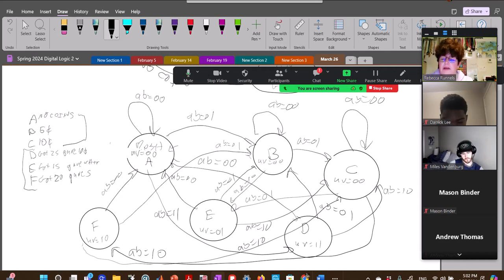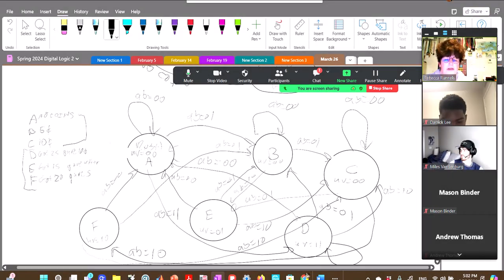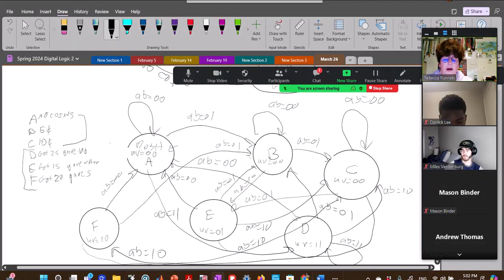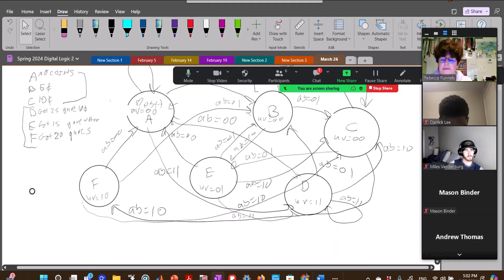And I'm saying that would be a don't care for B and C. And then for D, E, and F, they would all go to D, because D is the 25 cent state. So if they got 1, 1, they would all go to state D. So AB equals 1, 1. Wow, that's a mess. I liked it better when I hadn't thought about that part.